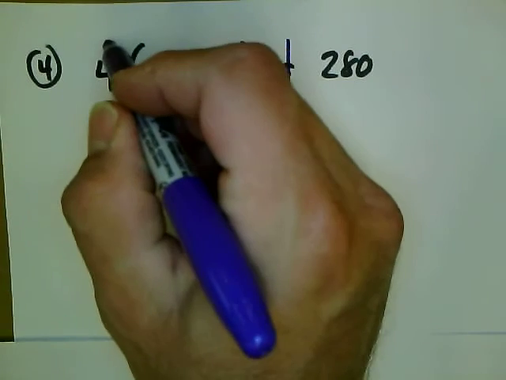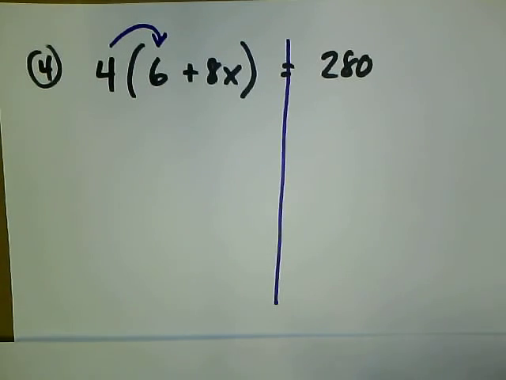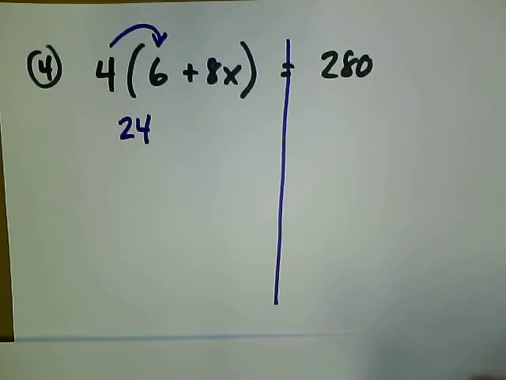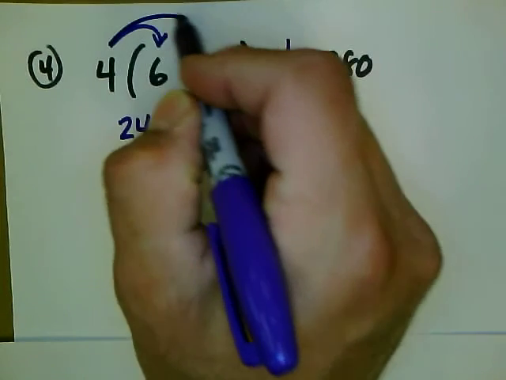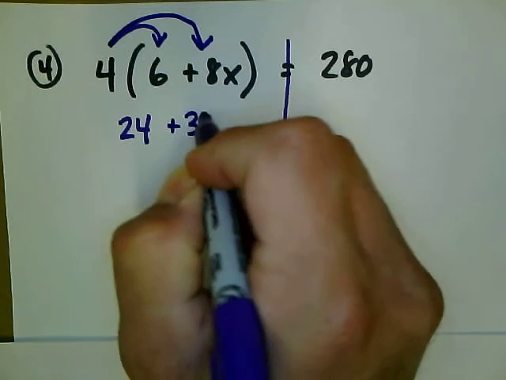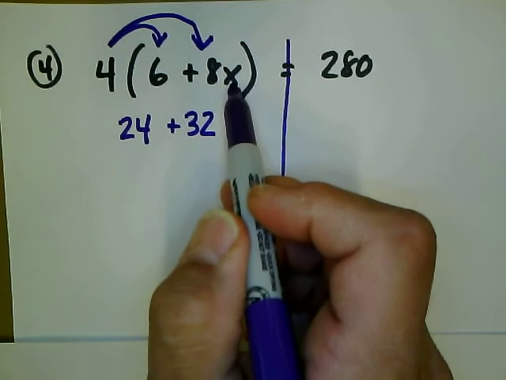All right, so now we're going to distribute, right? What's 4 times 6? 24. Then we distribute to the 8. What is 4 times 8? But we notice the 8 has a what?